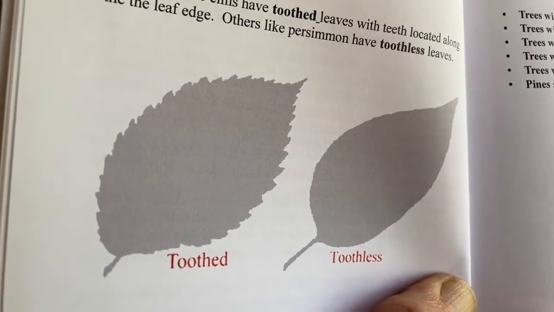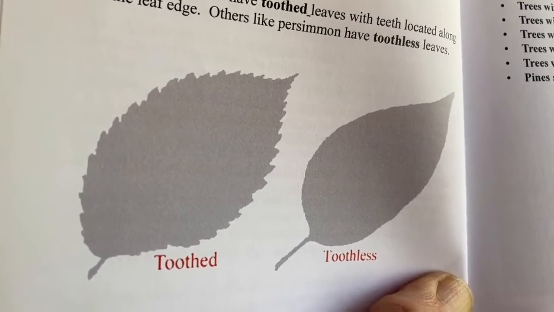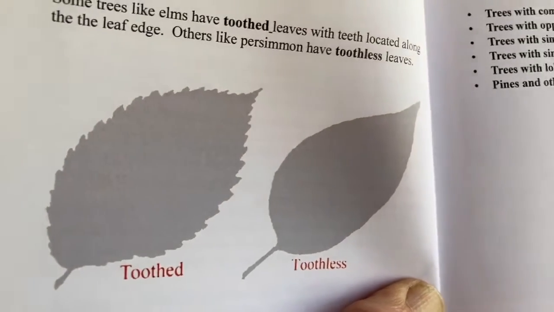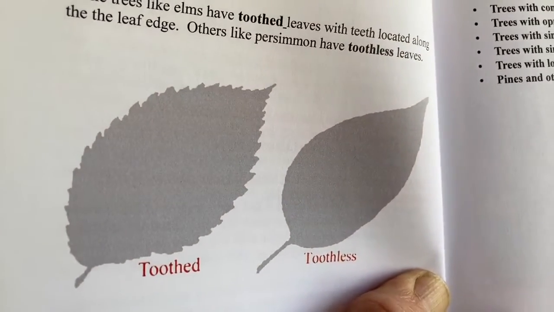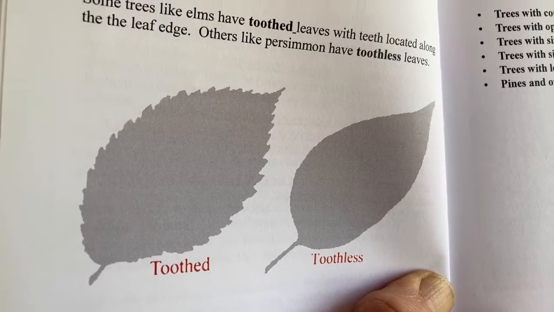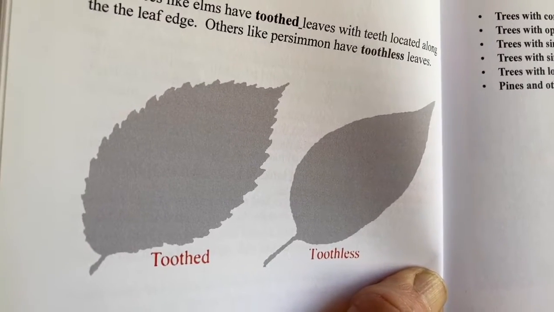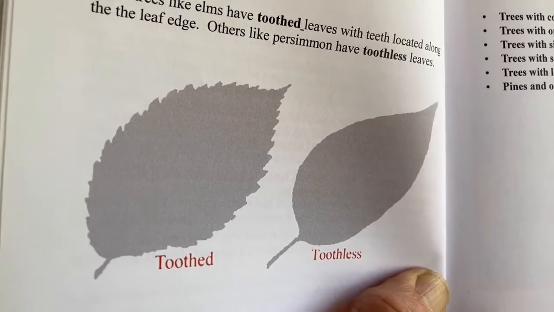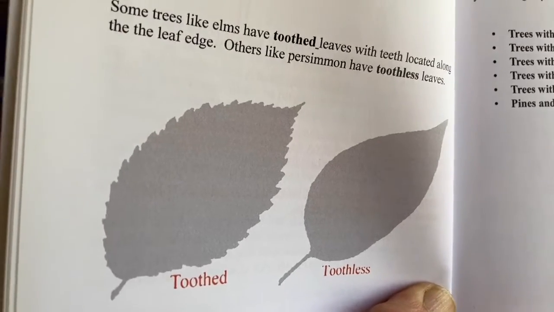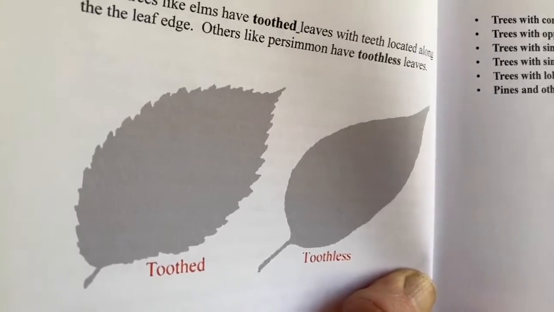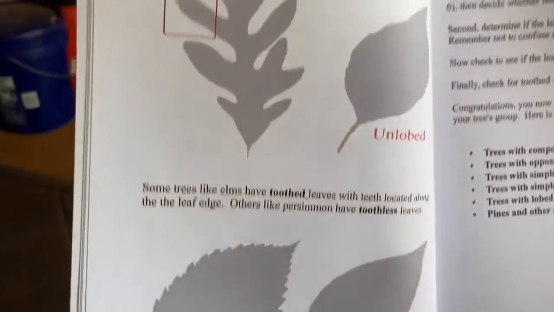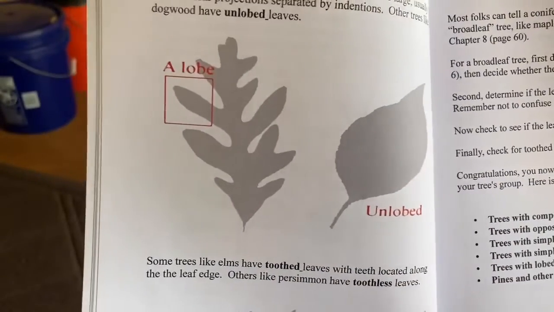Elms have toothed leaves. So once you identify whether a tree has toothless or toothed leaves, you can divide it into a group that will help you to identify it. So that's tree tool number 3. It's half of tree tool number 3. Here's the other half, and this is the last of the tree tools.